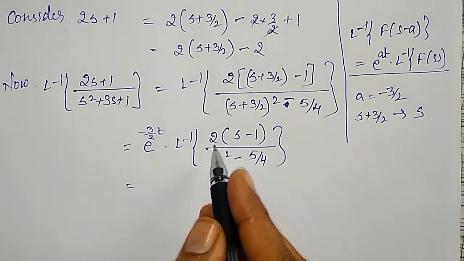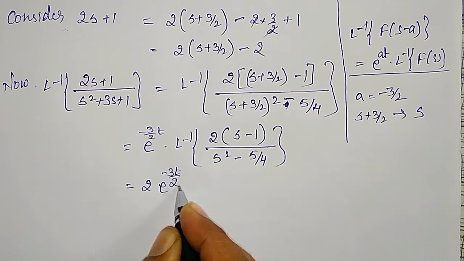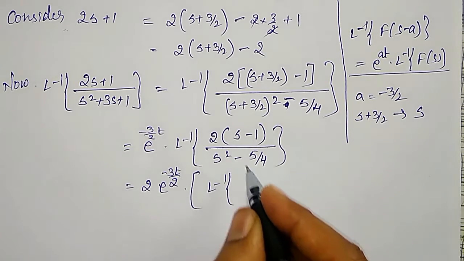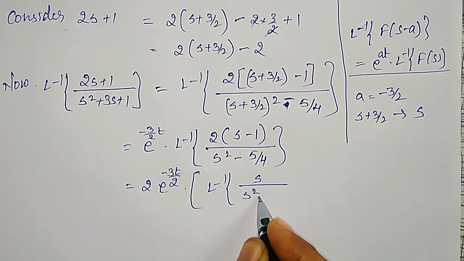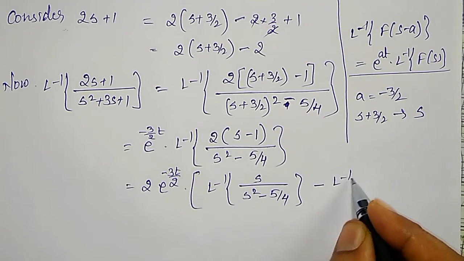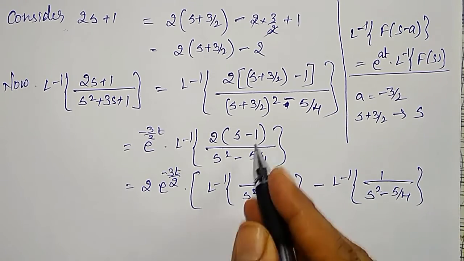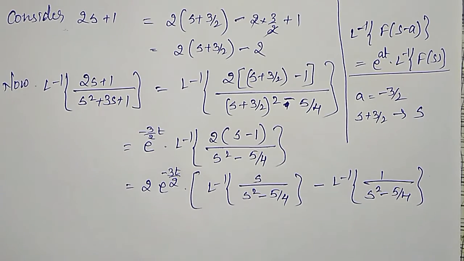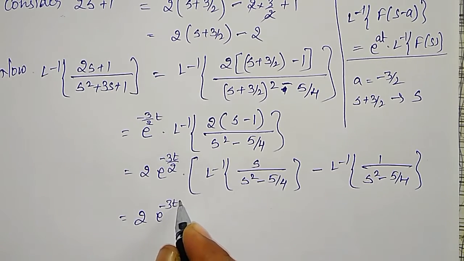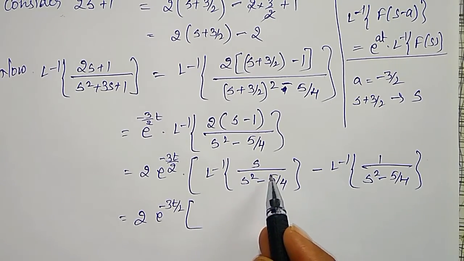I will take 2 common here: 2 into e to the power minus 3t by 2, and I will split it into 2 terms: the inverse Laplace transform of s divided by (s square minus 5 by 4), minus the inverse Laplace transform of 1 divided by (s square minus 5 by 4). These inverse Laplace transforms I have to find out, which is nothing but 2 times e to the power minus 3t by 2 into the inverse Laplace transform of s divided by (s square minus a square).